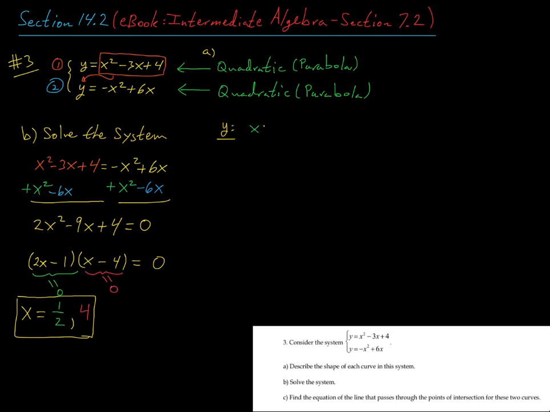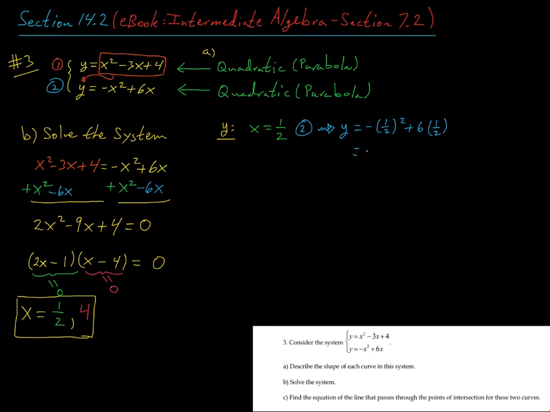Starting with x equals a half, I can plug a half in for x in either equation 1 or 2. I'll go ahead and use equation 2. It's maybe slightly simpler. So I'm going to get that y is equal to minus 1/2 quantity squared, and then I'm going to add 6 times a half to that result.